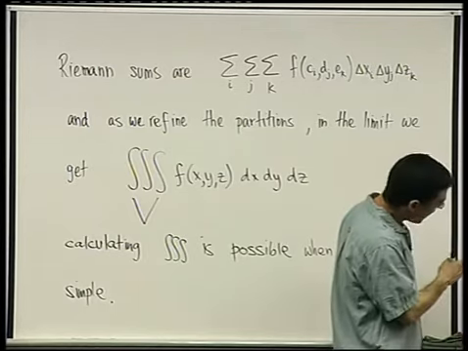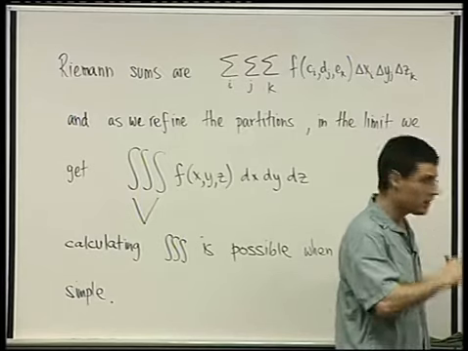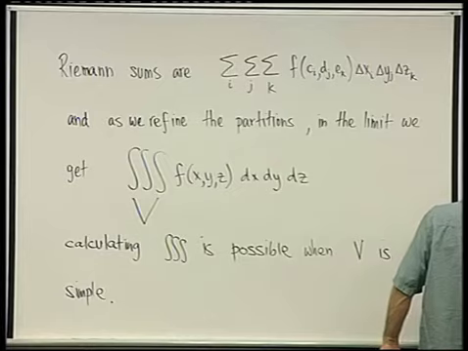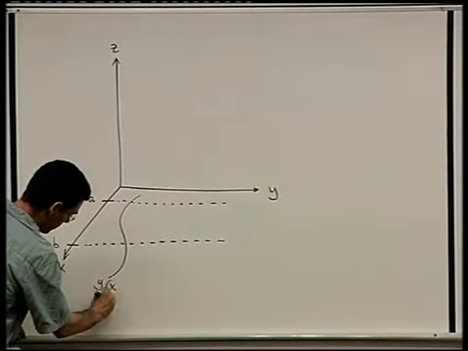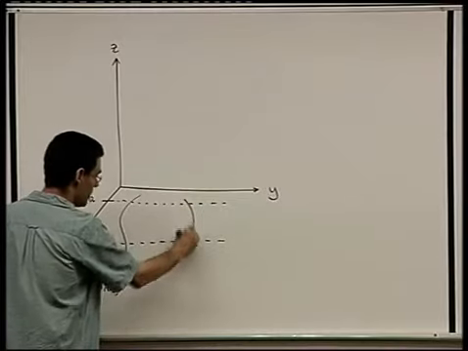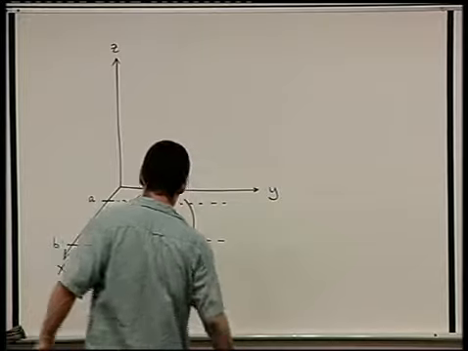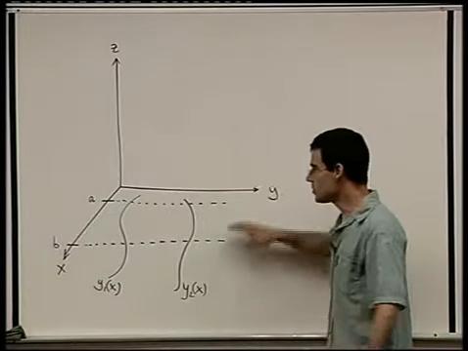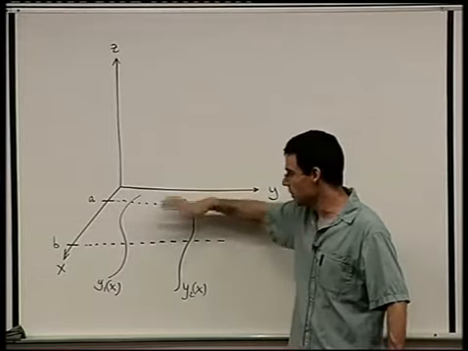For every x, the y's are going to be between two functions of x. So we're going to have, let's say, y1 of x and y2 of x.